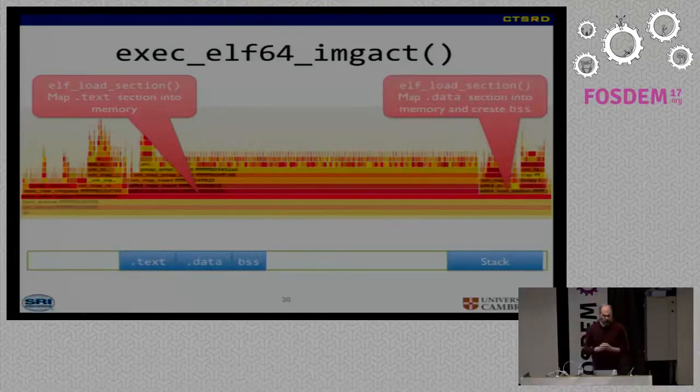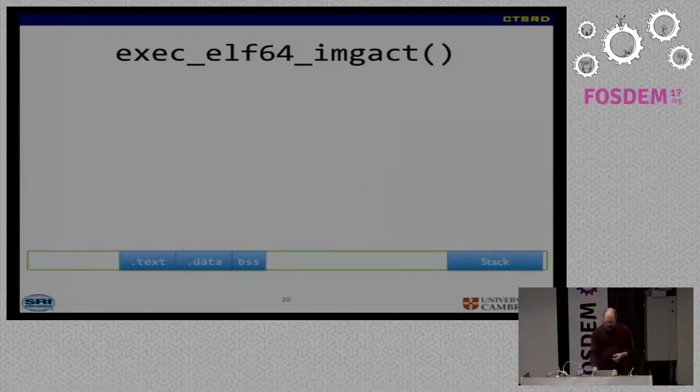Next up, another call to ELF load section maps data and the BSS region, which is the part of data which is initialized to 0. So for instance, some random global variable that you've declared will default to being 0. And that's part of the application binary interface for basic Unix processes.